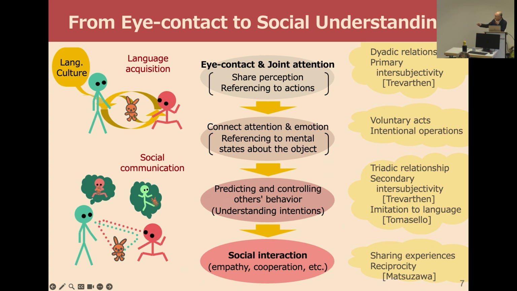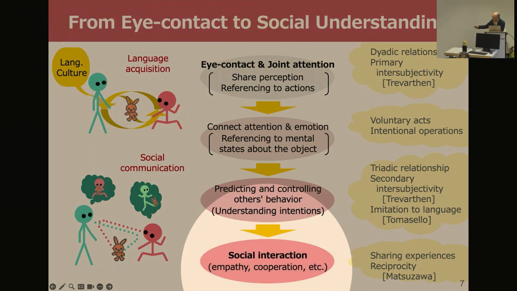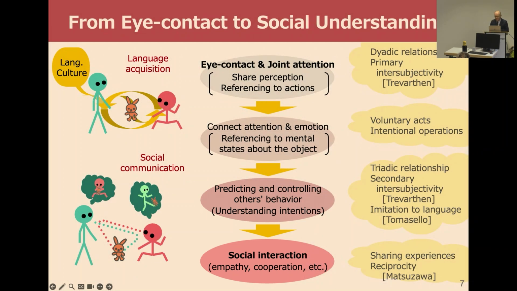This then develops into predicting and controlling each other's behavior, from which understanding others' intentions emerges. Based on that, the child or the robot can go into social communication, where they show empathy or cooperation, those human-specific traits.